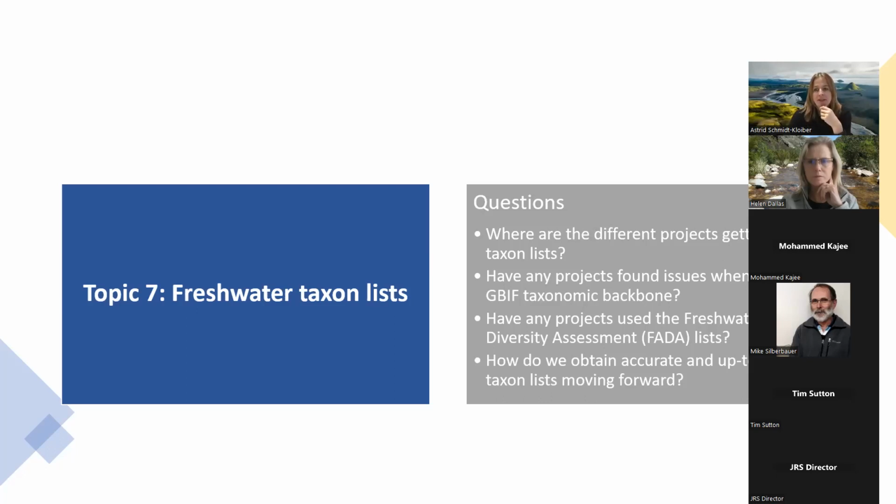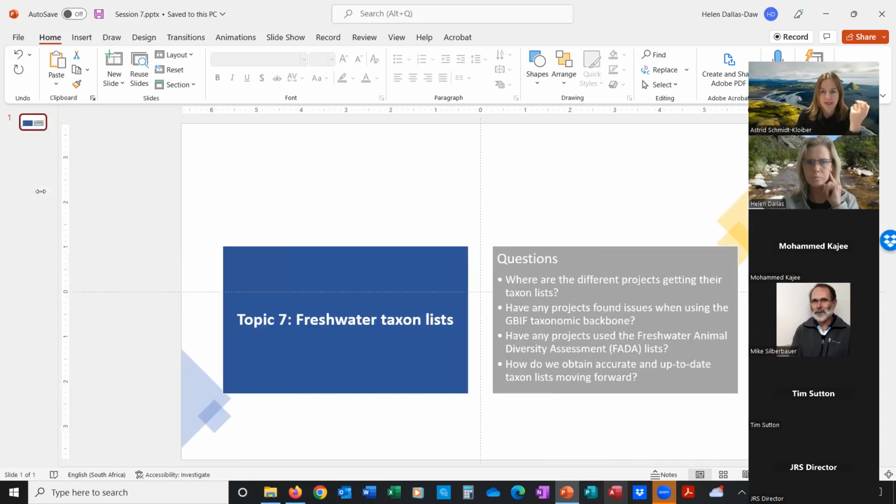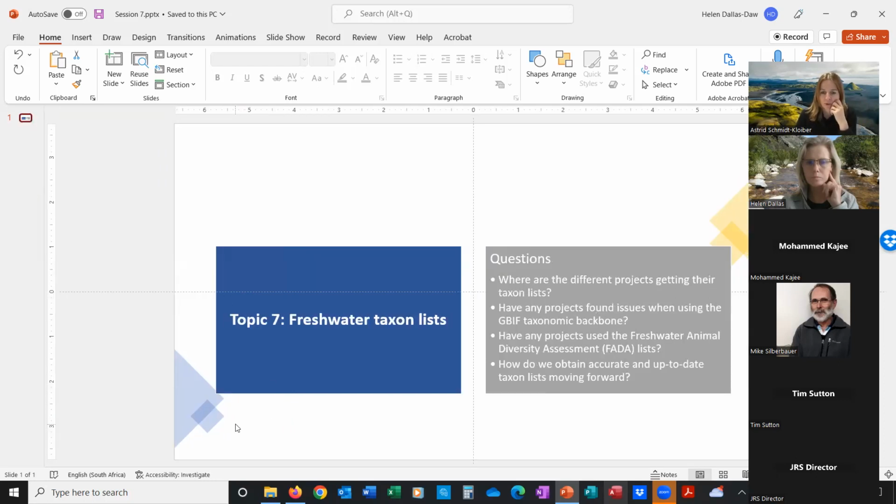Yeah, maybe I can start. In Europe we have another approach, because when we built up the data portal on the Freshwater Information Platform, we wanted to build it for the whole of Europe. So we were not looking for national checklists, but rather for entire lists for the whole of Europe or the globe.